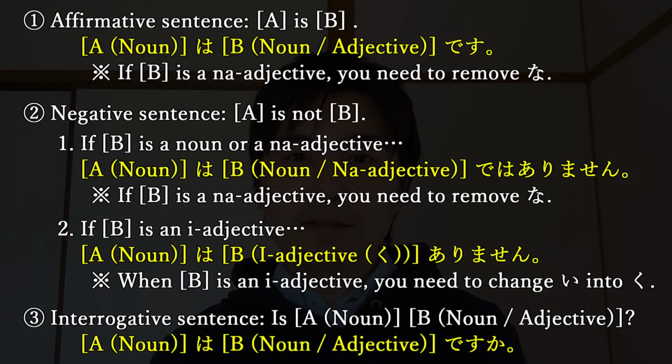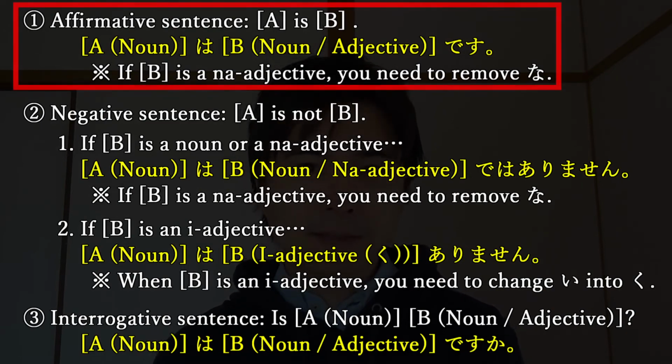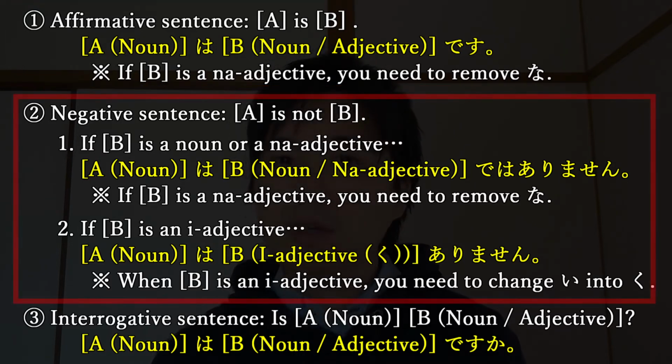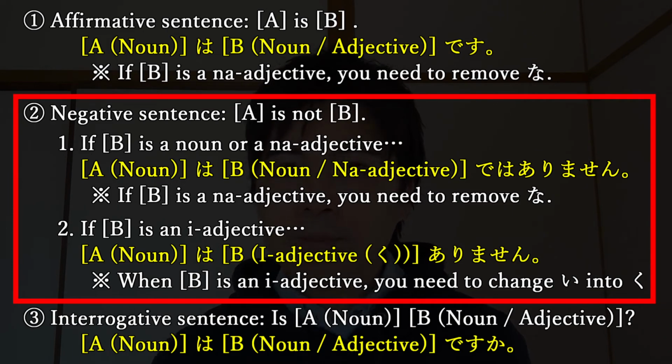Now let me summarize what we have learned in this video. After that, I will ask you 10 questions. This is the summary of this video. 1. Affirmative sentence. A is B. A は B です。If B is a Na-adjective, you need to remove な in front of です。2. Negative sentence.